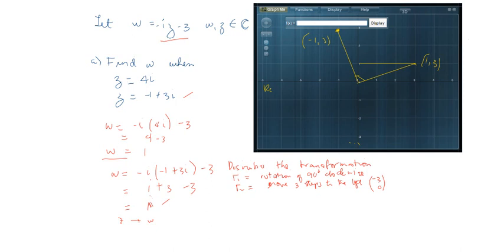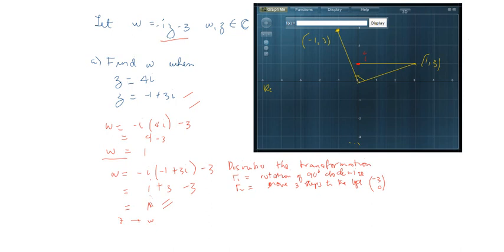So it now ended here, which is i. So this is now done. Same thing, both of them were transformed 90 degrees clockwise, and then moved 3 steps to the left.